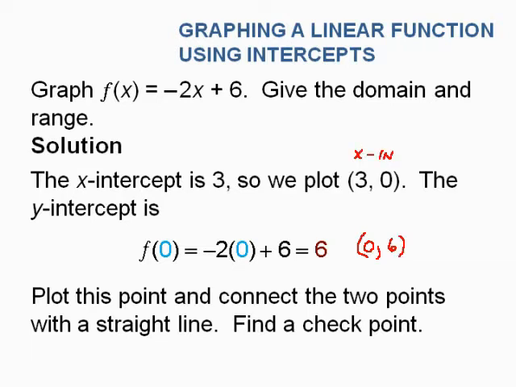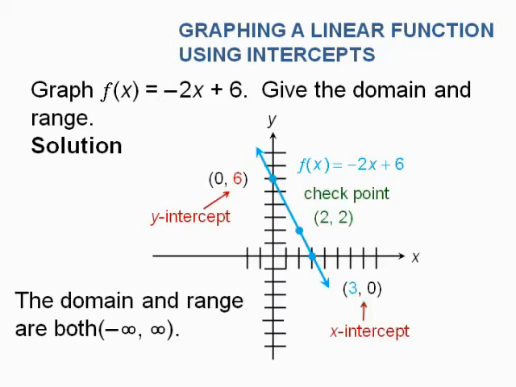If you plot that point (3, 0), it's going to be on the x-axis, so that's where the line is going to cross x. And the y-intercept (0, 6), when you plot that, will be on the y-axis. That way you know where the line is going to cross here. So when you plot the 2 points, you can see a line. You can go ahead and connect the dots.